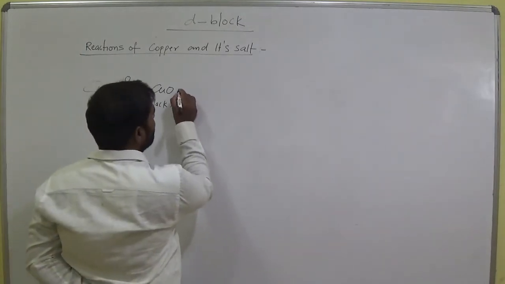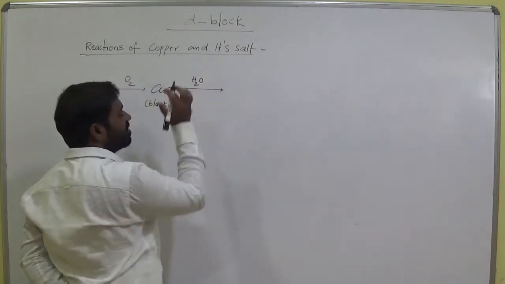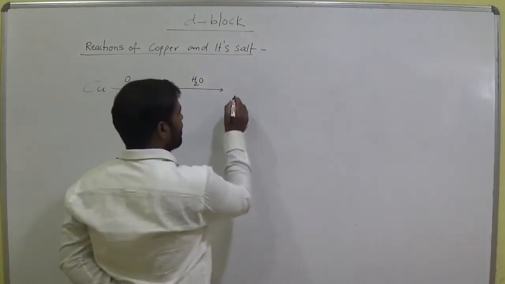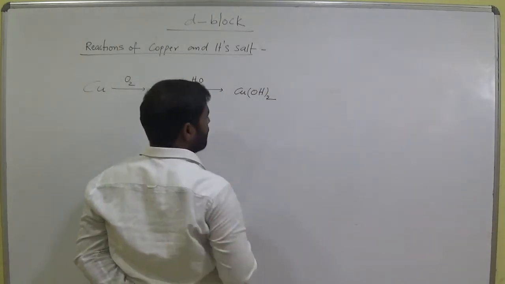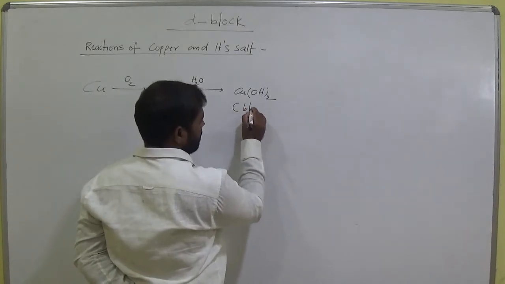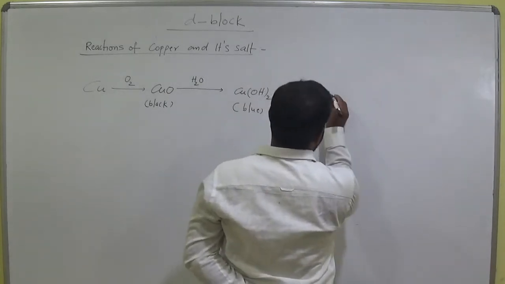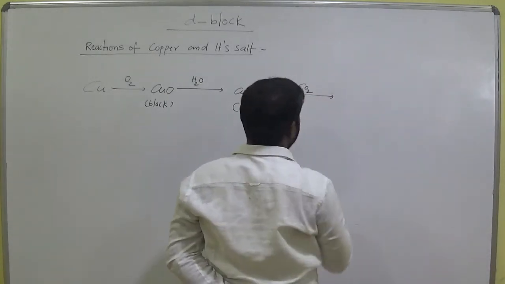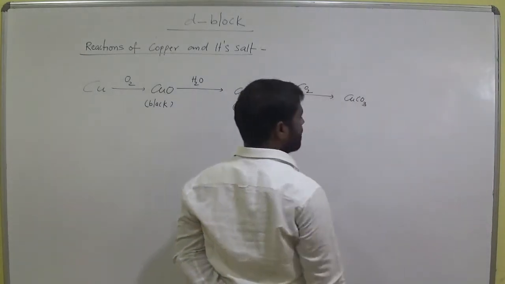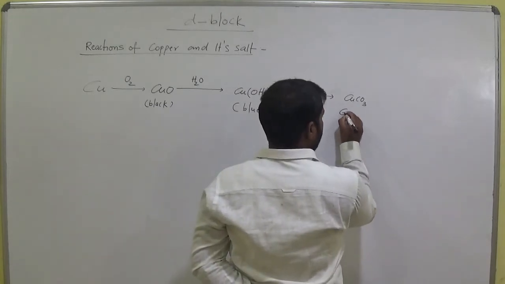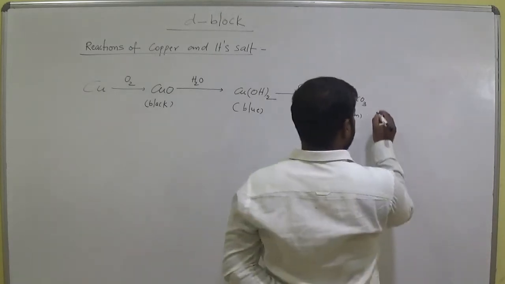When it is dissolved in water, it gives copper hydroxide, which is blue in color. When CO2 gas is passed, it gives copper carbonate, which is green in color.